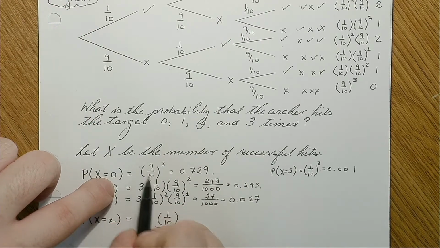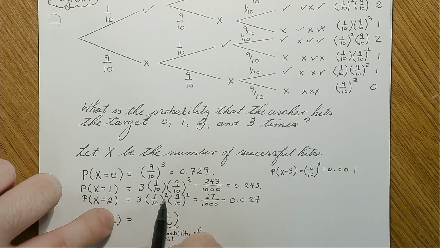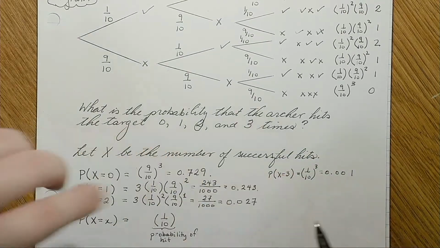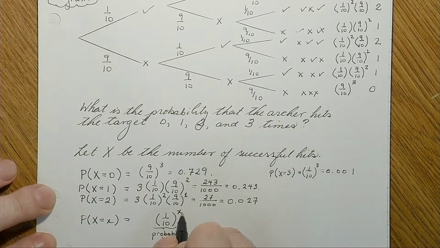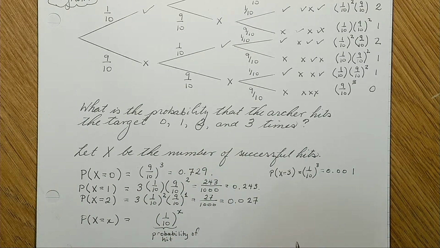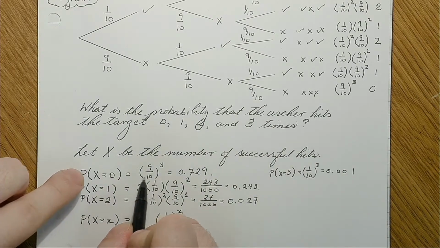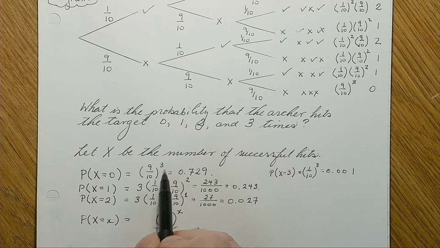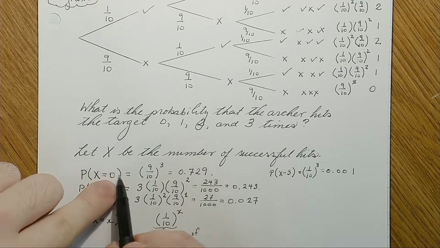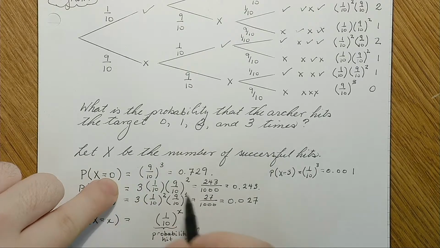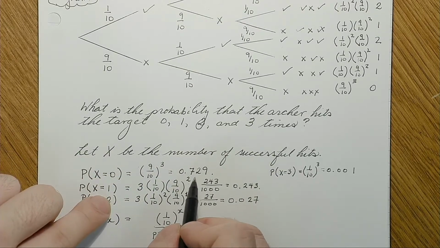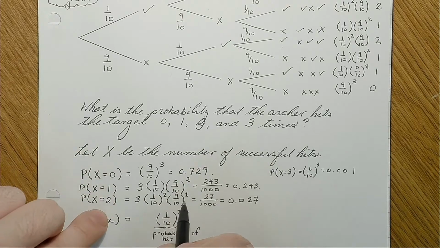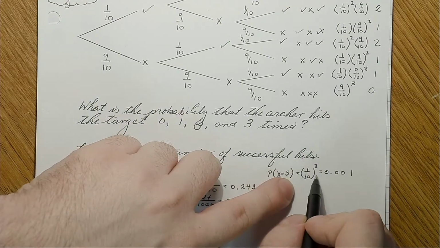So that was 0. Here's 1, 2, and 3. So I'm going to write the exponent here as x. Over here, we see that it's decreasing for the number of misses. So if this was 0, then it's 3. Here is 1, so that means this is 2, 1, and 0.